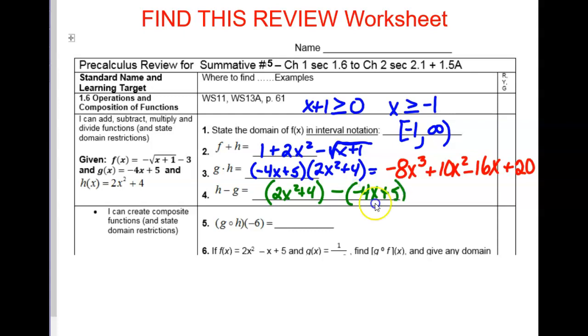So what are they going to do? Not distribute, right? If we do distribute, we end up with a 2x squared. Back here we have a minus -4x, which would become plus 4x. And then we had a 4 minus this 5 would be a -1. I certainly could have showed more work, but I was just trying to save space there.